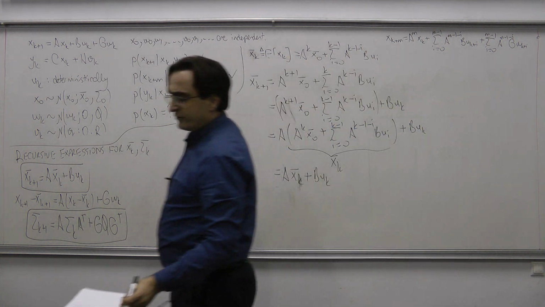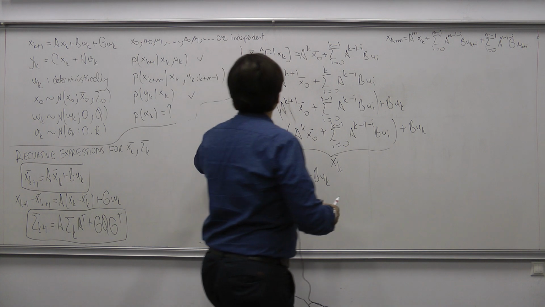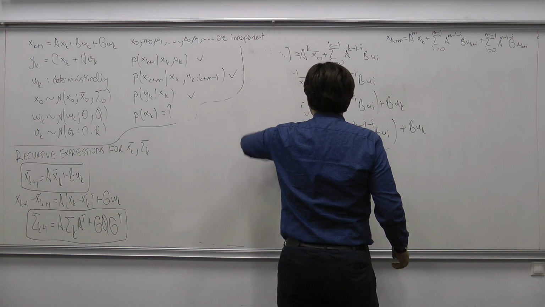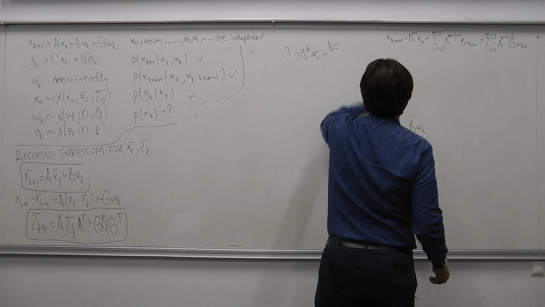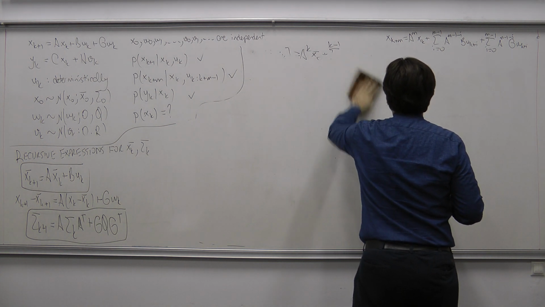So that finishes the expected values and the covariances and the distributions. Now the thing that we are going to see is what happens in a non-Gaussian but linear system.